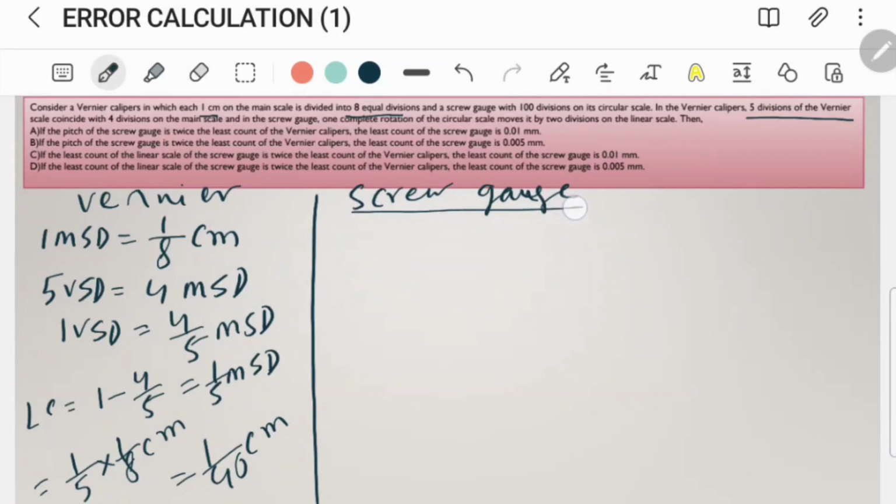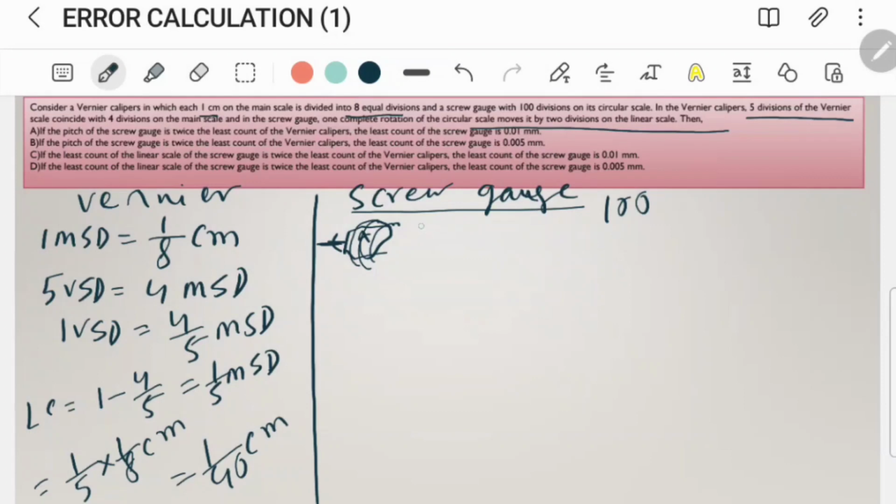What is the information given about the screw gauge? There are a total of 100 divisions on the circular scale, and one complete rotation of the circular scale moves it by 2 divisions on the linear scale. If we move it once, then it will move 2 divisions on the linear scale.